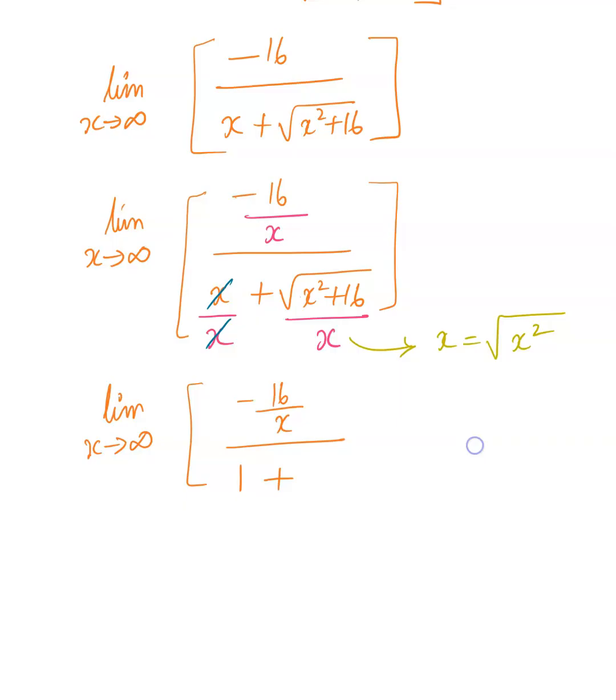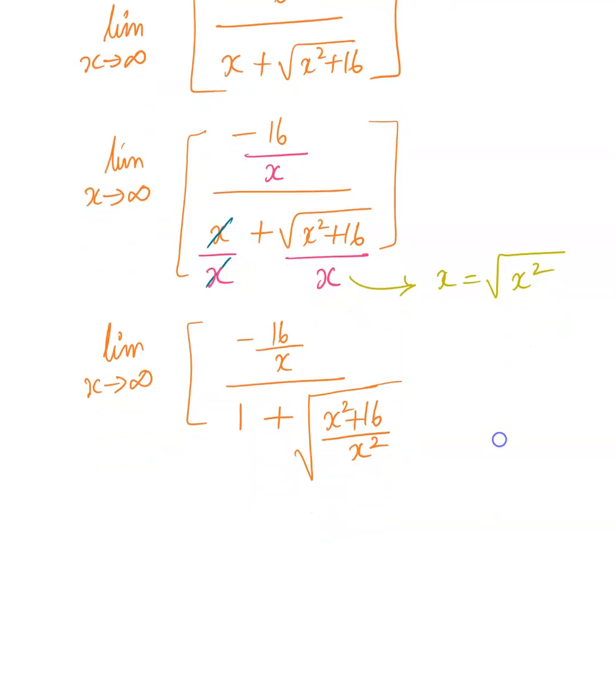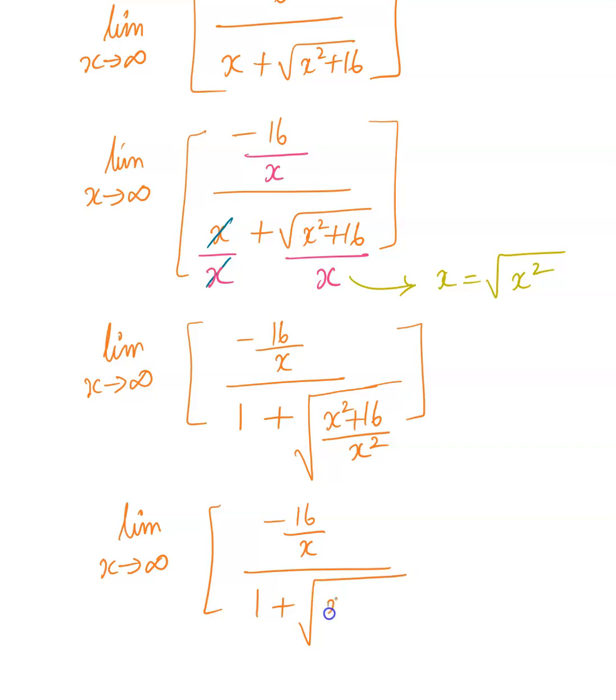So what I'm going to do is draw a big square root and put x squared plus 16 over x squared. You see that? And if we do that, the biggest advantage we have is we can separate the terms. So that's negative 16 over x over 1 plus x squared over x squared plus 16 over x squared.